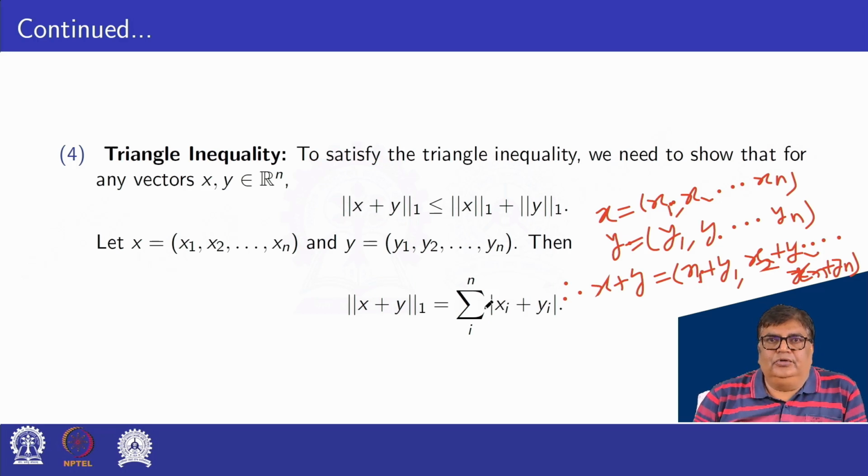So we have the vector x plus y as the n-tuple of xi plus yi, where i is equal to 1 to n. So norm x plus y equals summation i equal to 1 to n mod xi plus yi, we can write.